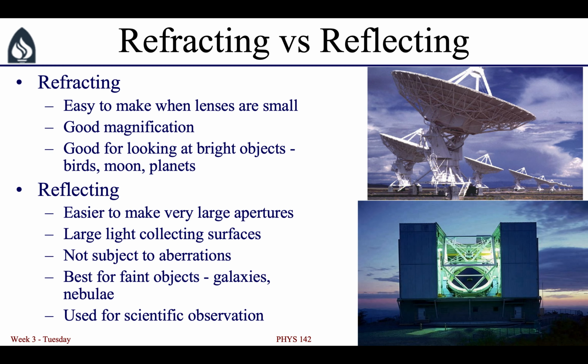They're not as subject to chromatic aberrations, and they're best for faint objects like galaxies and nebulae, and these are the telescopes that are typically used for scientific observation. So you can see a couple of large telescopes. This is an optical telescope, and this is a radio telescope that collects radio waves and makes images using radio waves.